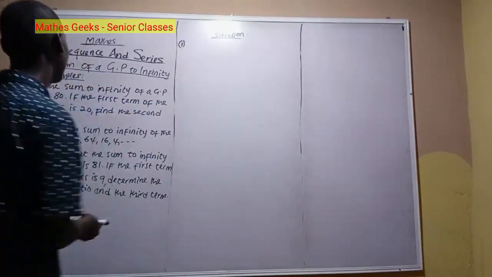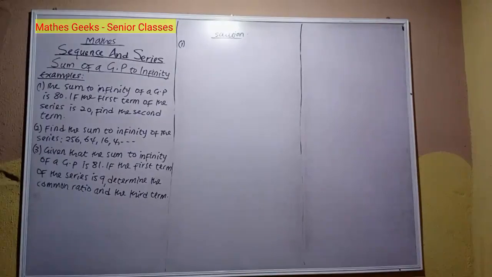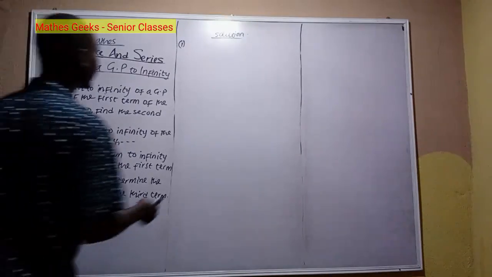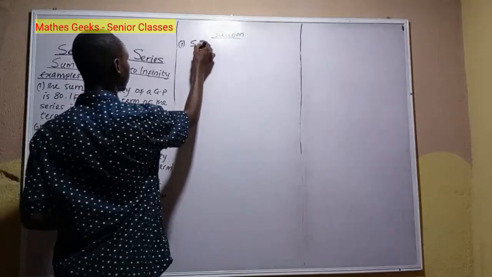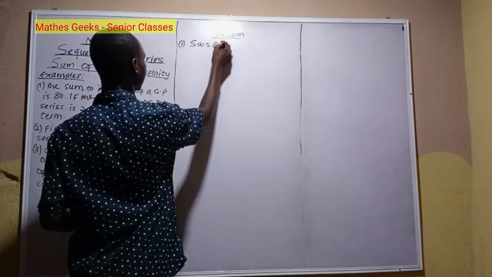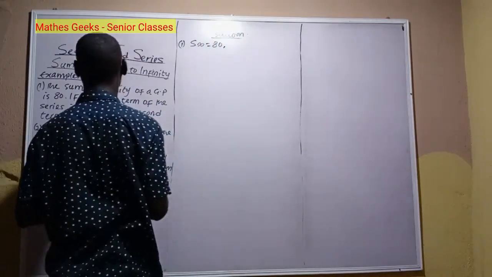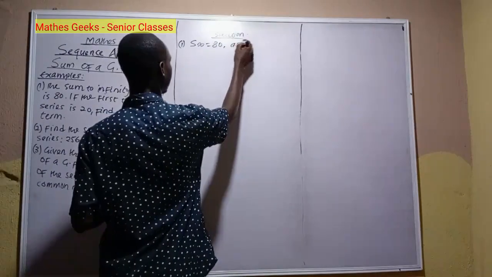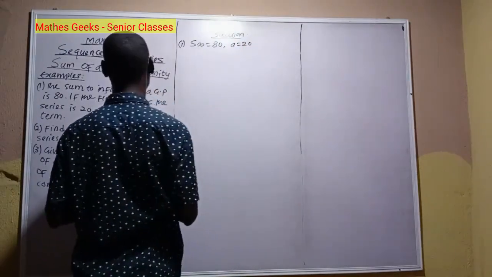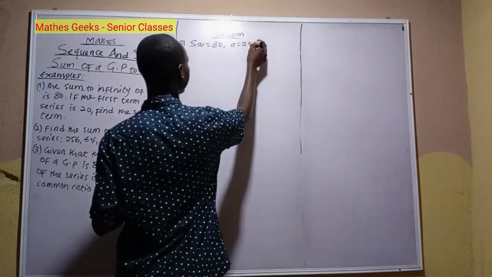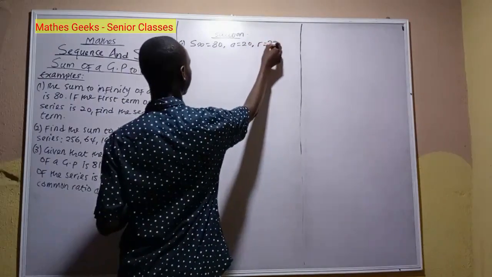Number 1. The sum to infinity of a GP is 80. If the first term of the series is 20, A is equal to 20. Find the second term. So we need a common ratio, which is not given.